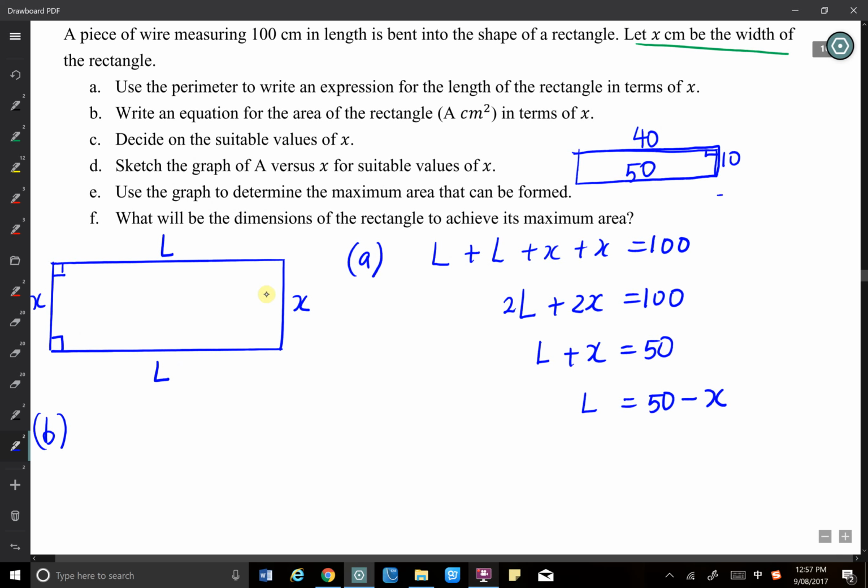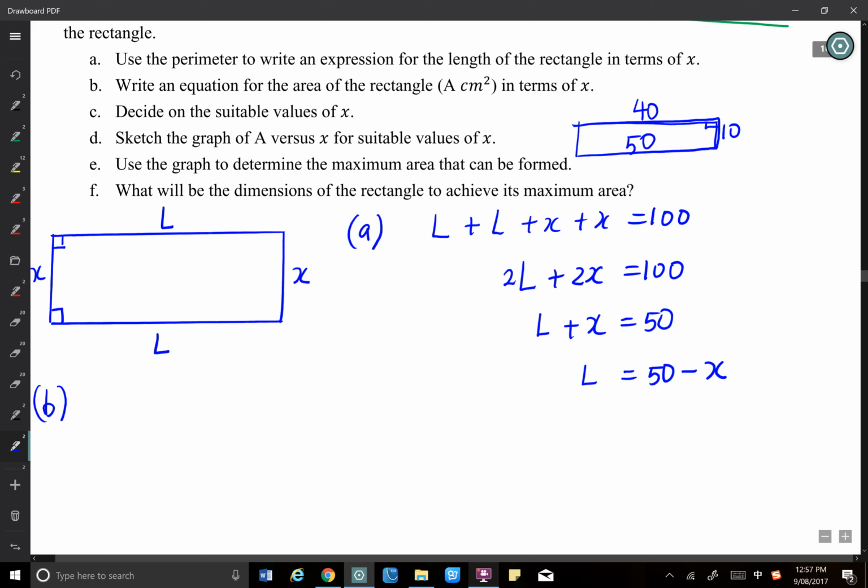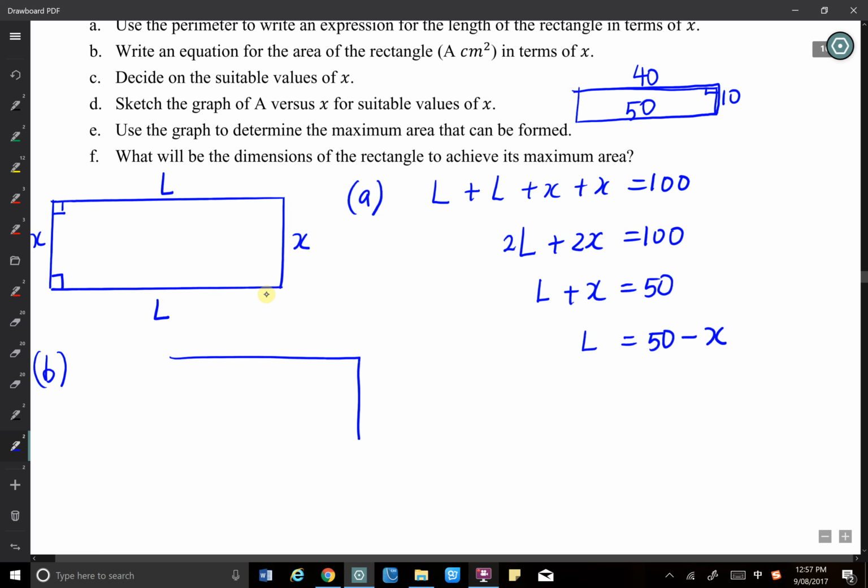But I can also make another rectangle with 30 and 20. That's an area of 600.